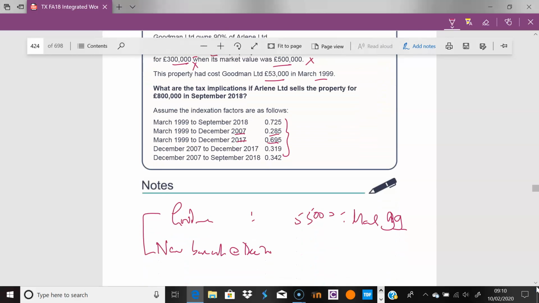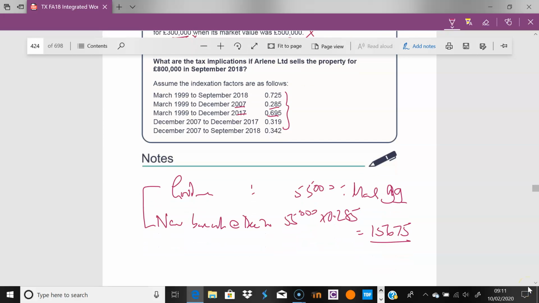Do the 55,000 times 0.285. And that takes us to, again, this is just inflation. I'll probably go through a number of ways that you could think about this. 55,000 times 0.285 takes us to, that's the inflation there, 15,675. So you can add that on, of course, to the 55,000, which takes us to 70,675. That's the new cost at the 31st of December 2007.